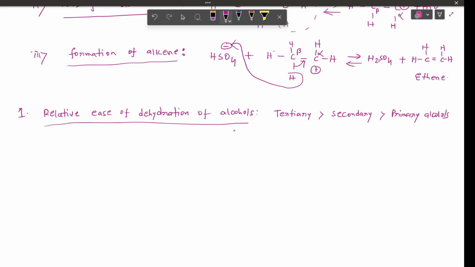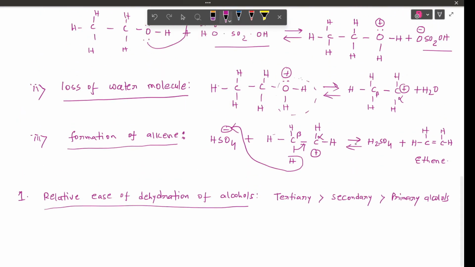So on the basis of the above mechanism, we can say that formation of intermediate carbocation is the slow rate determining step. So the greater the stability of the carbocation, the more easily it will be formed, and hence the more will be the ease of dehydration.